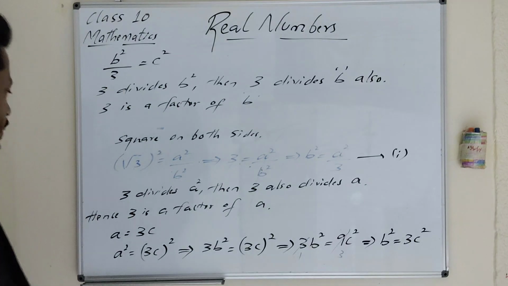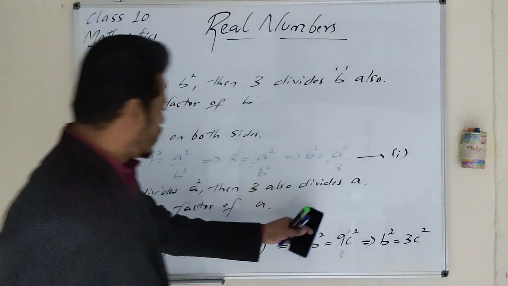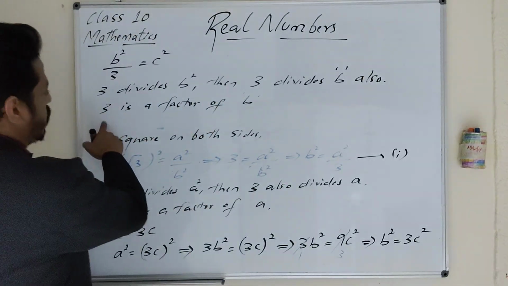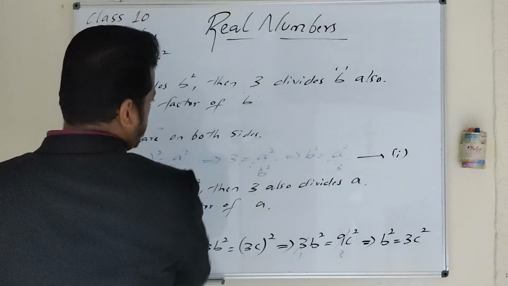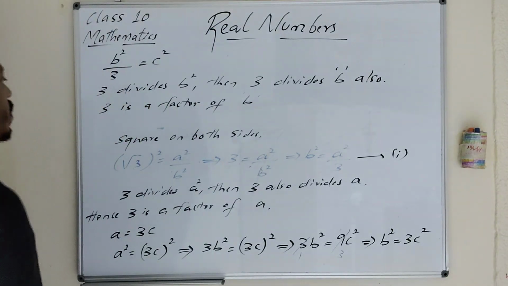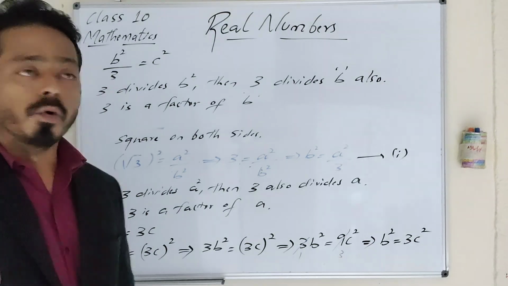Now here you see, you got 3 is a factor of a, and here you got 3 is a factor of b. From these two, what can you make out? You can make out that 3 is a factor of both a and b.